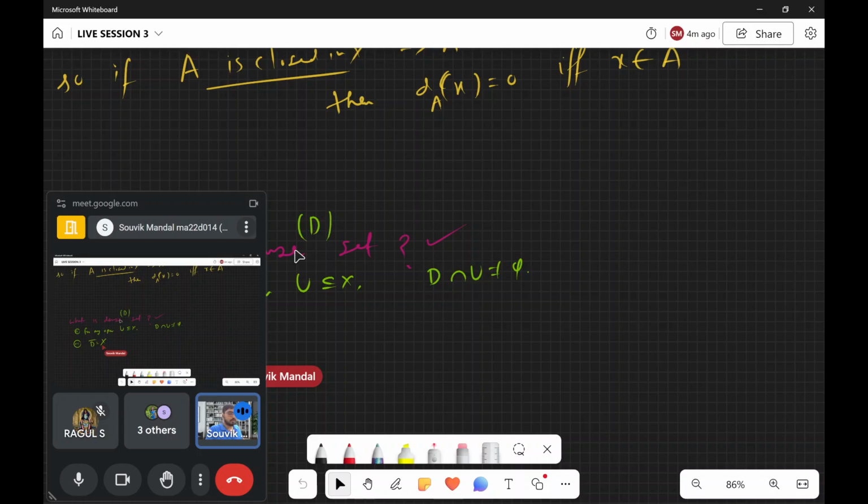The first one is, for any open set. So you need to use all these three.